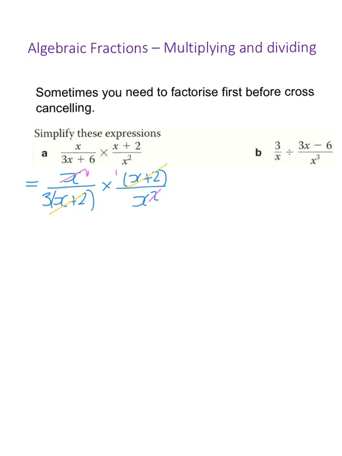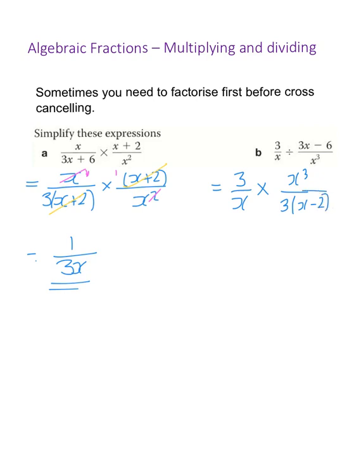Okay, so I can then multiply through, so that becomes 1 times 1 in the numerator and 3x in the denominator. Looking at this fraction, we've got 3 over x times, flip the fraction, x cubed. Now I can see at this point I can factorise the numerator here to give me 3 bracket x minus 2.